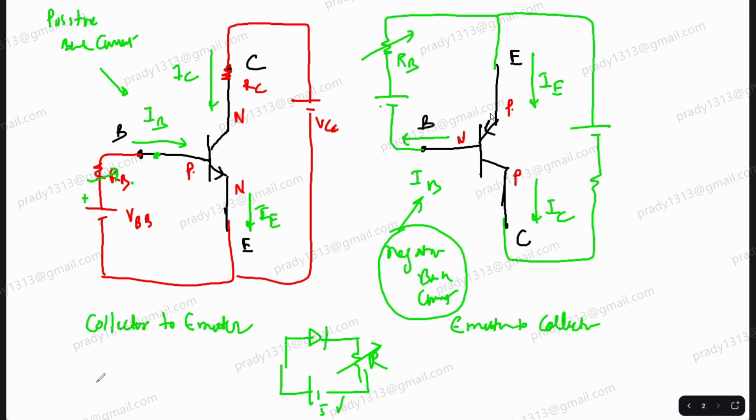So that's why this BJT is called a current controlled semiconductor device. Clear?